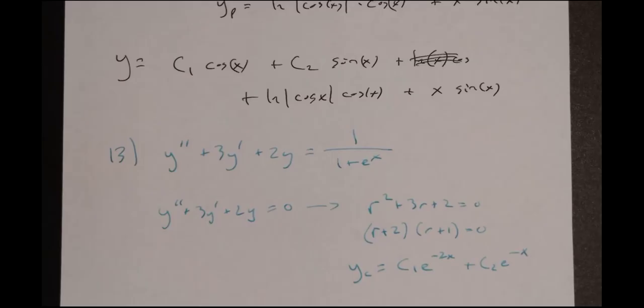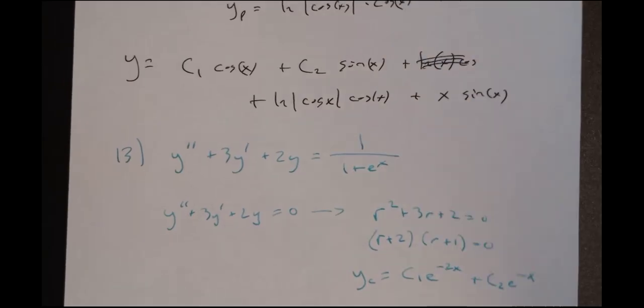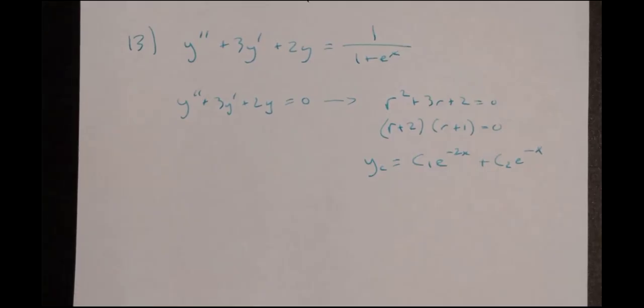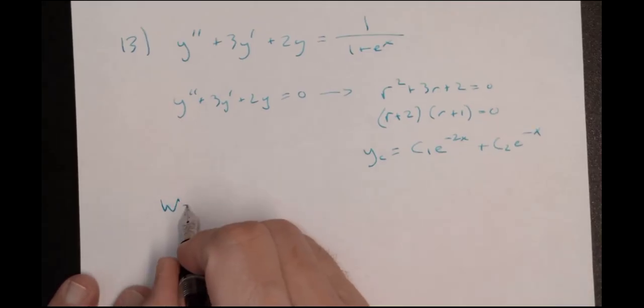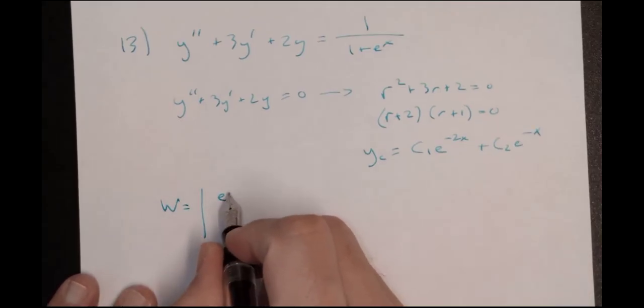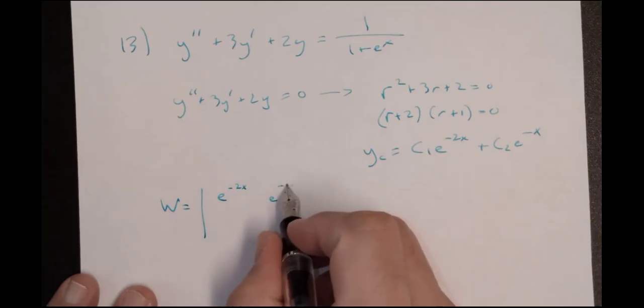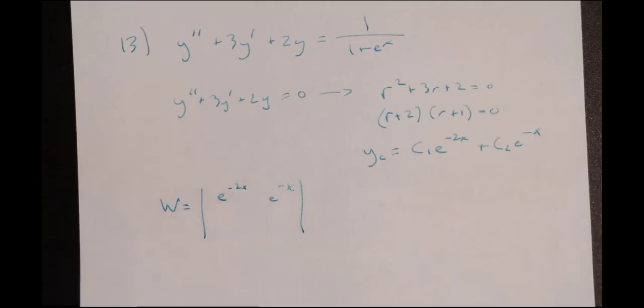So I now need 3 determinants. The Wronskian of these two, the Wronskian with one column replaced, and then the Wronskian with the other column replaced. What goes on my second line?